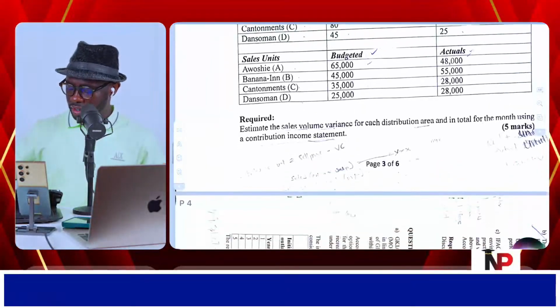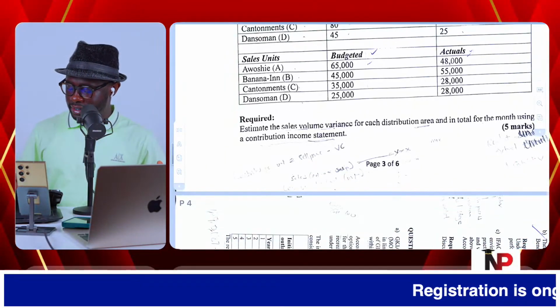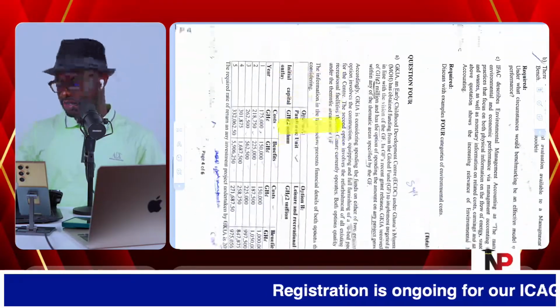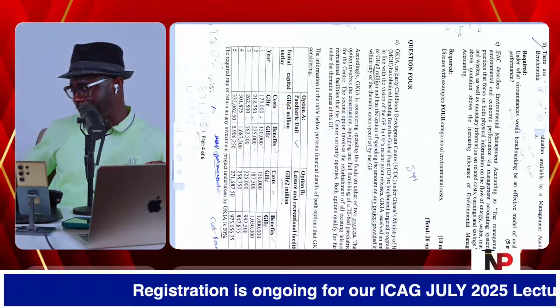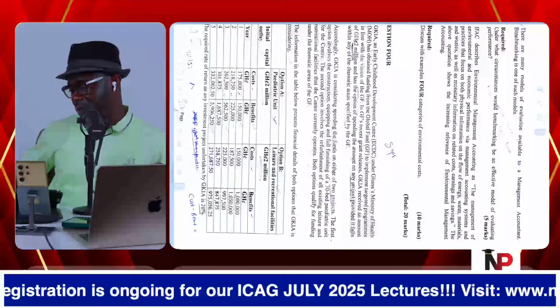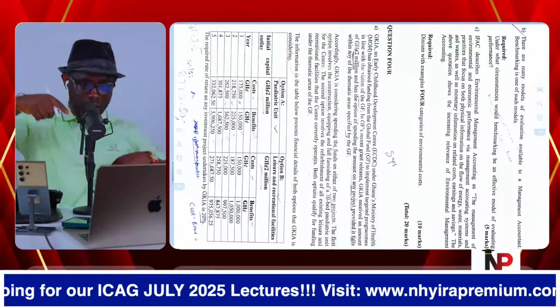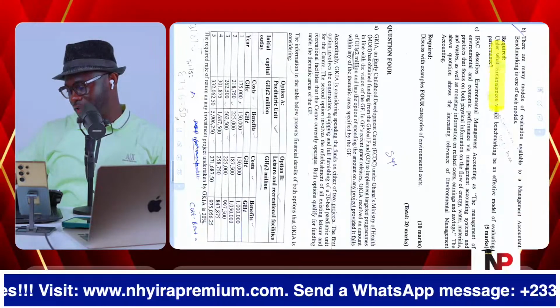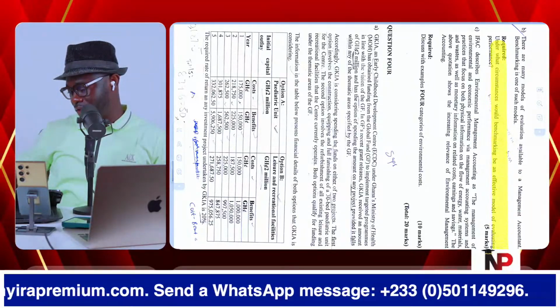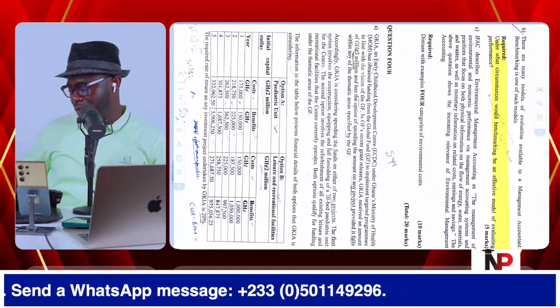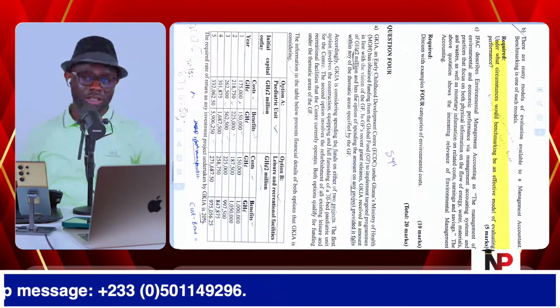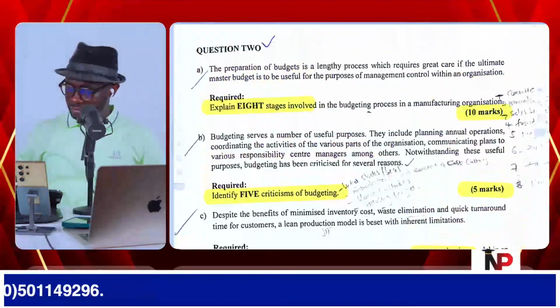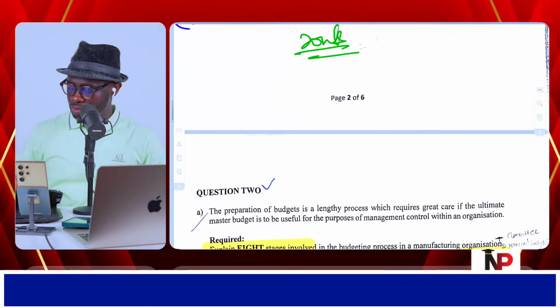Question 3 was for variance analysis. And then there's a 5-mark question here. So what are the circumstances under which benchmarking can be an effective model for evaluating the performance? So that's 5 marks. Now remember, we had 20 from question 2.